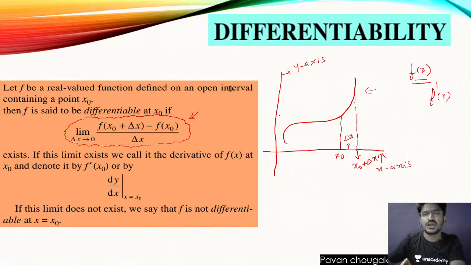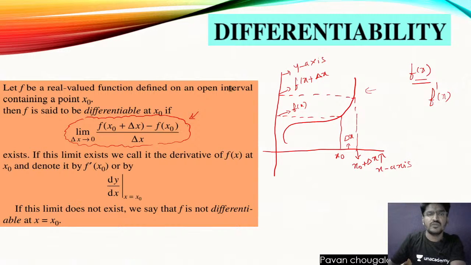Now corresponding to these points, here you have f of x0, and here you have f of x0 plus delta x. Are you getting my point?